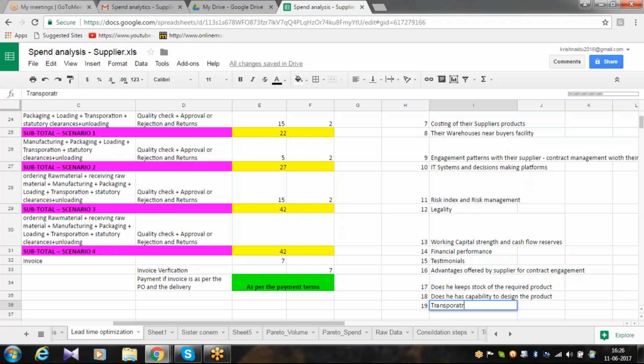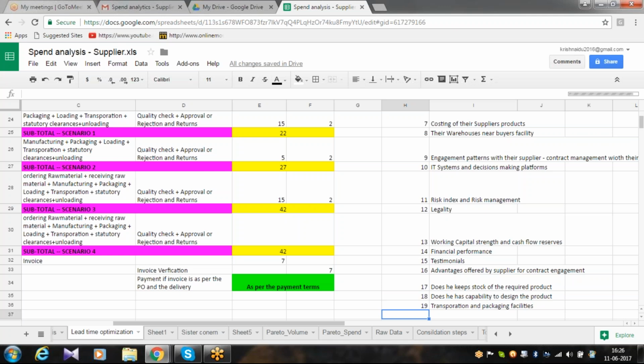Transportation and packaging facilities. So when we go to the supplier, we'll check all those things. Based upon that, we will decide whether the supplier really has the capability to ship the product as per our requirement or not.